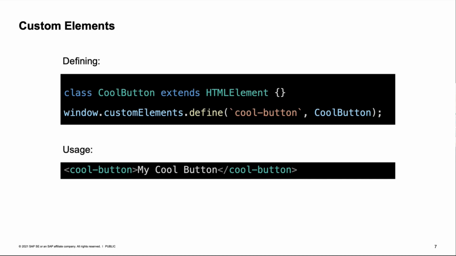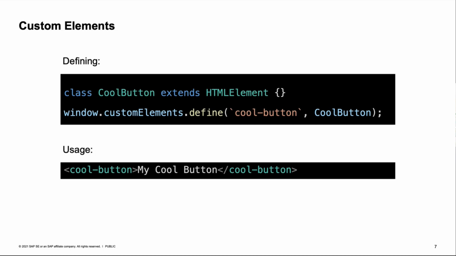After we define the behavior that we need in that class, we need to define the custom element. We can define it by using the customElements.define method, which receives 2 parameters. The first one receives the tag that we're going to use later in our application. And the second parameter is the class that would be responsible for the behavior of that element.